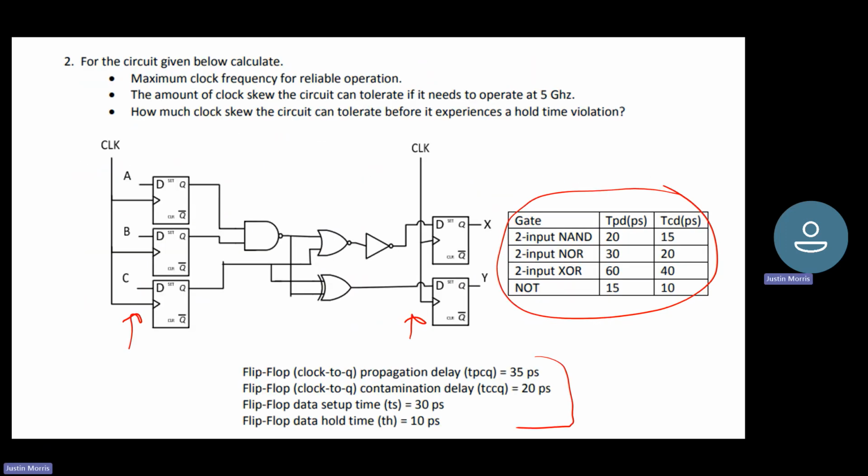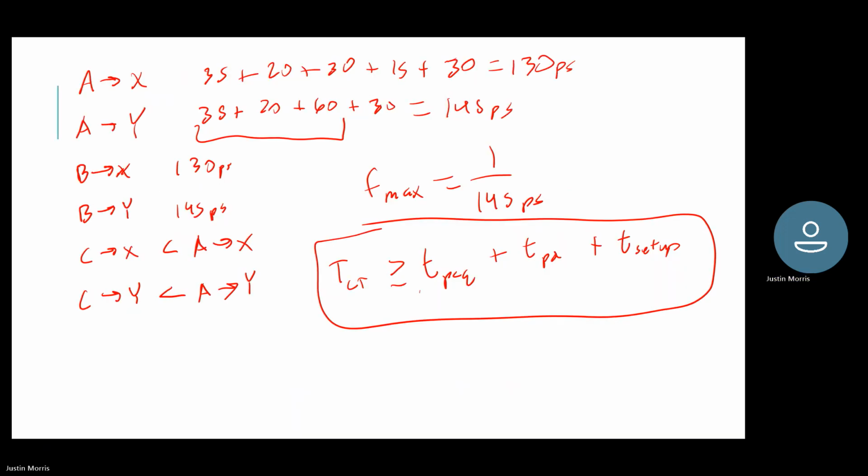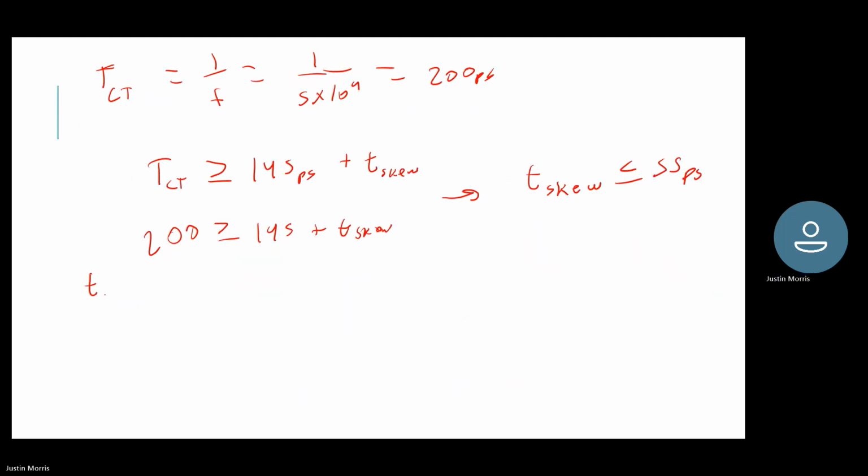So the question was how much clock skew the circuit can tolerate before it experiences a hold time violation. So for our hold time violation, our equation is T hold needs to be less than our T contamination clock to Q plus T contamination delay, and then we have minus skew in case the clock comes late.